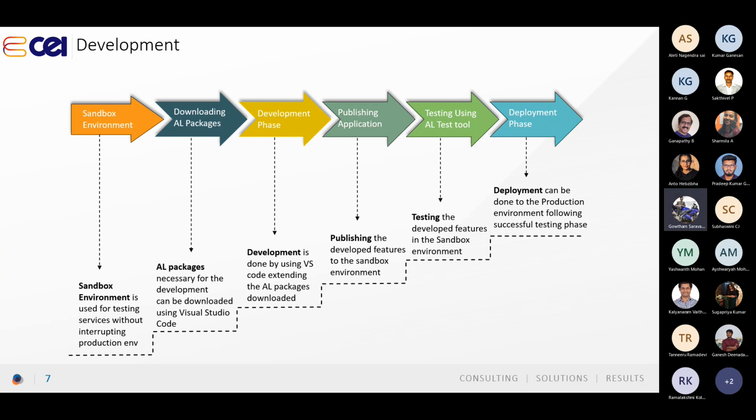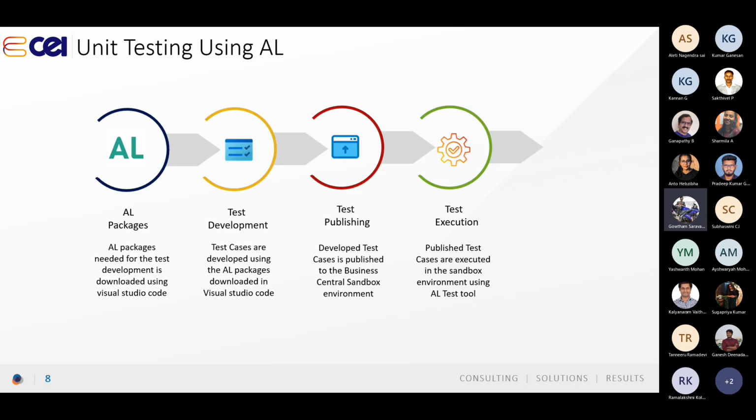Okay, so the next thing is unit testing. Before diving into unit testing, I'll discuss the testing strategy that we follow for testing the Business Central application. Here the application is tested in two ways. One is unit testing using the AL test tool, and the other is UI testing using Playwright. 80% of test cases are covered through unit testing and 20% through UI testing.